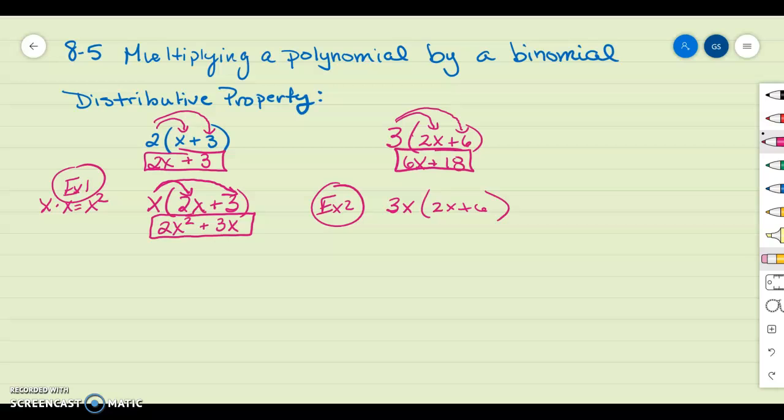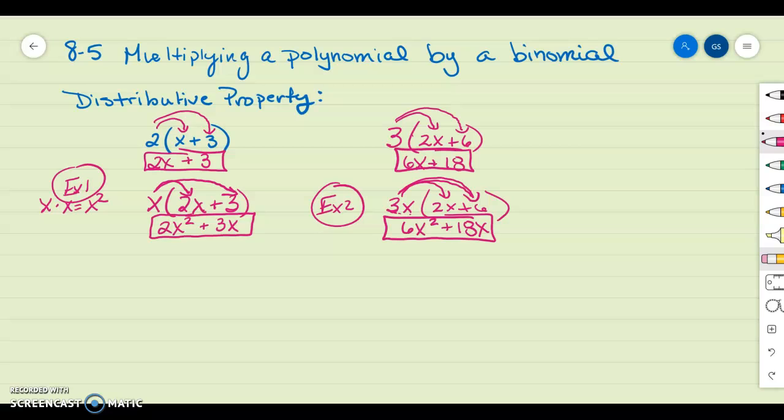Okay, so we're going to do 3x times 2x and then 3x times 6. 3 times 2 is 6, I know that. And x times x is x squared. There you go. So 3x times 2x is 6x squared. It's not that hard, I don't think. Then we're going to do 3x times 6. Well, 3 times 6 is positive 18, and bring down the x.